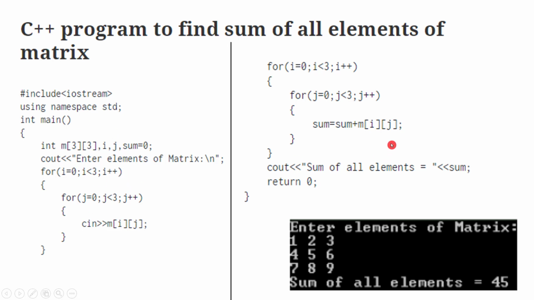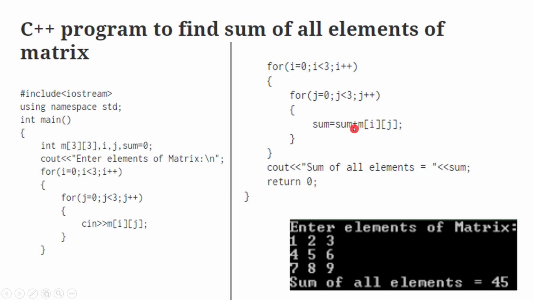Then on the right side, it is very important how to sum it. i equal to 0, j equal to 0. Sum is equal to sum, which we already initialized as 0, plus m[i][j]. So sum will keep on adding. The first value will be 1, so sum is equal to 0 plus 1, and the new sum will be 1.